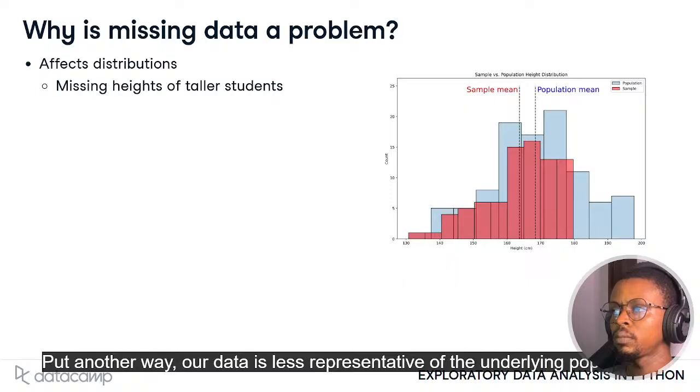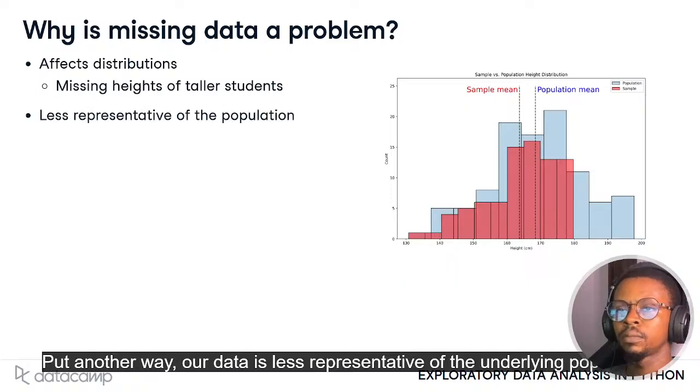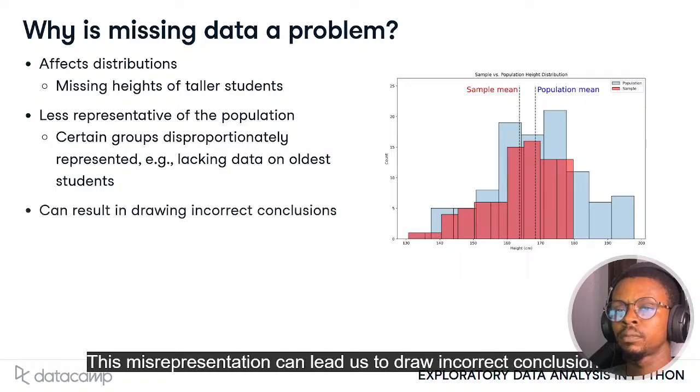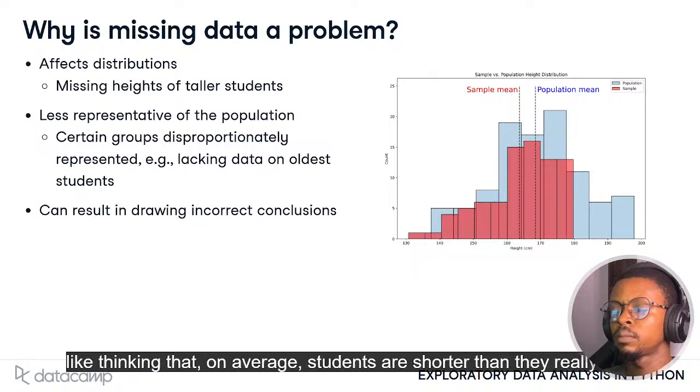Put another way, our data is less representative of the underlying population. In this case, parts of our population aren't proportionally represented. This misrepresentation can lead us to draw incorrect conclusions, like thinking that, on average, students are shorter than they really are.